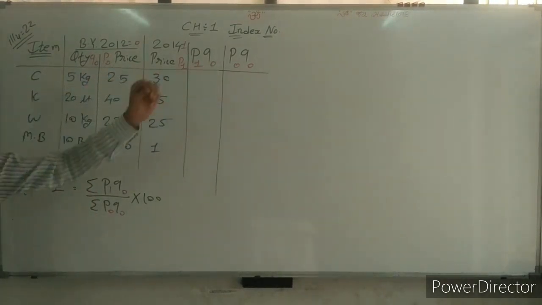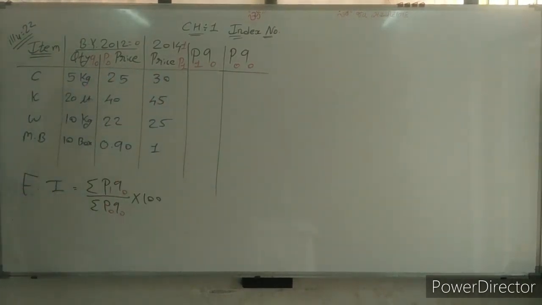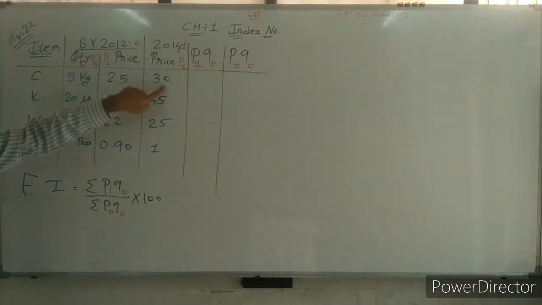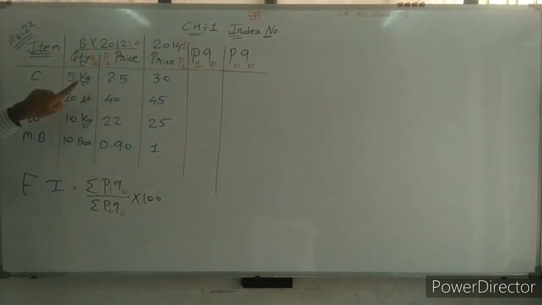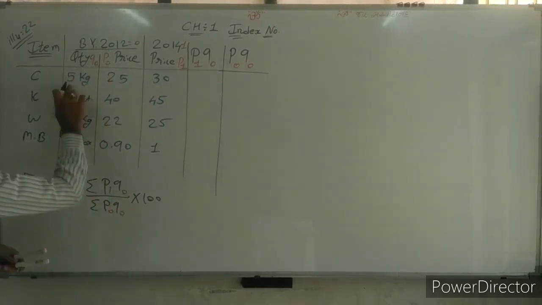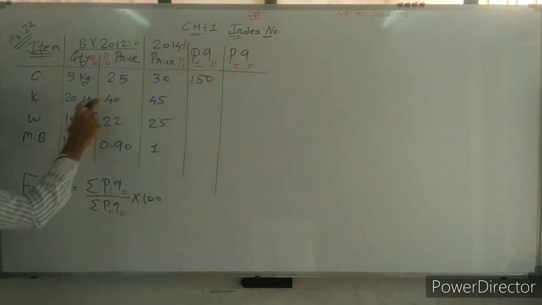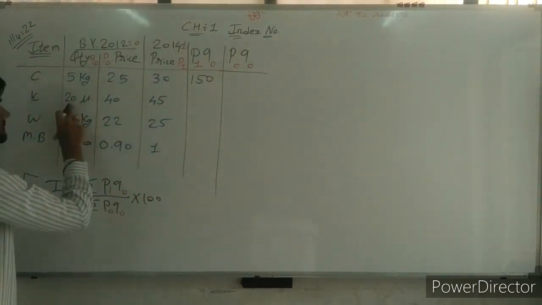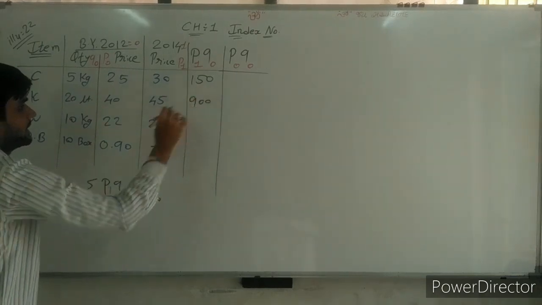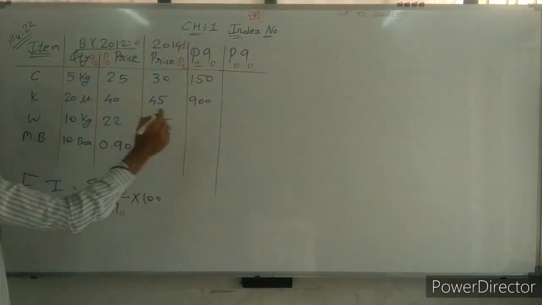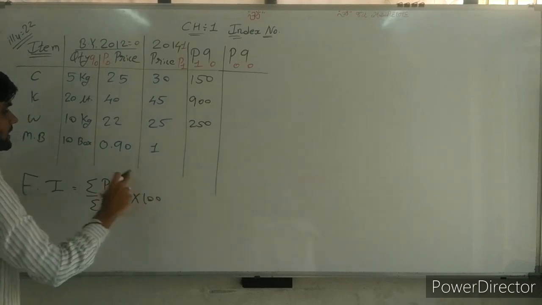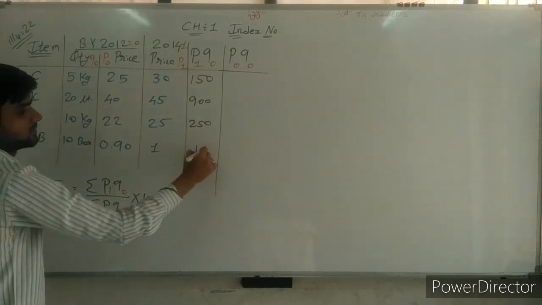Now going ahead, calculation. So P1 30, Q0 5, 30 into 5, 5 3s are 15, so 150. 45 into 20, 900. 25 into 10, 250. 10 into 1, 10.